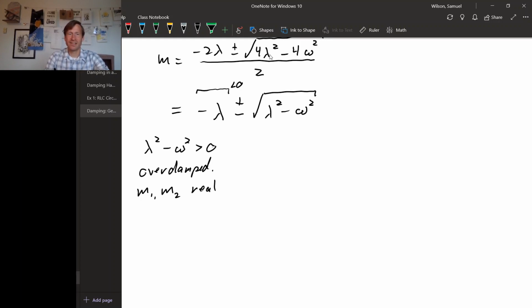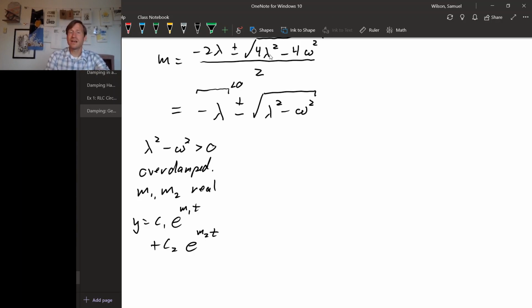They're distinct and real, so they're different real numbers. And in this case, your solution looks like some constant times e to the m1 t plus some other constant times e to the m2 t.